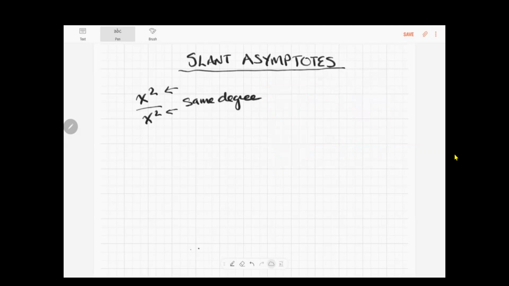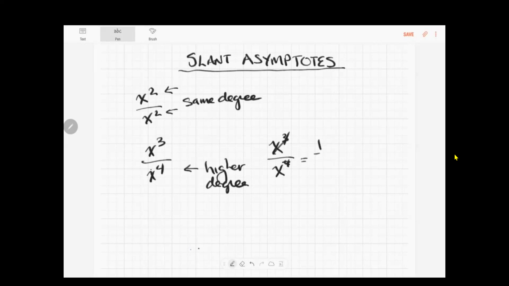And then we had one where the denominator had a higher degree. If you think about this, when we cancel, those are all going to go away, and we're just going to have 1 here, so it's going to be 1 over x.